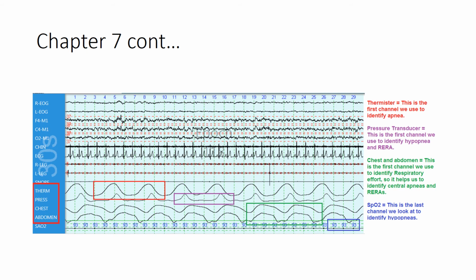As long as we see the decrease there, then we look at our SpO2 to find a 3 or 4% desaturation, and that will make a hypopnea. If we see a decrease in our nasal pressure transducer channel of 30%, but we do not see a desaturation of 3 to 4%, and the patient has an arousal associated with it, then that would be a RERA.